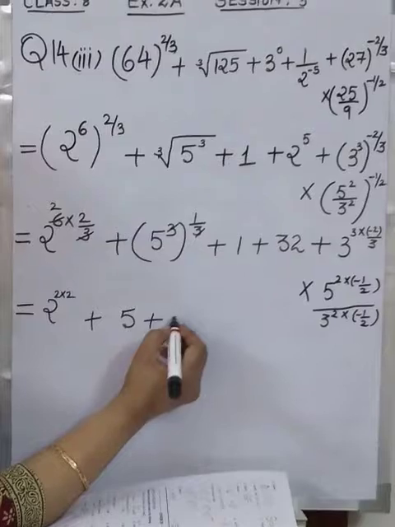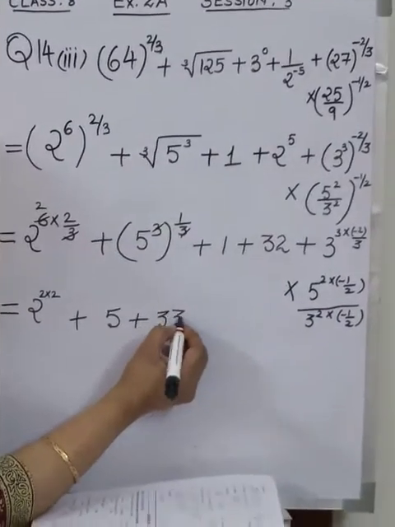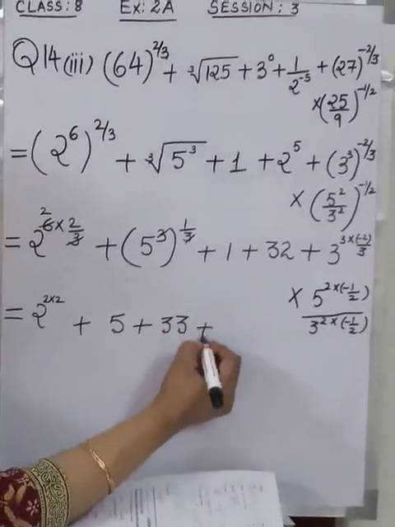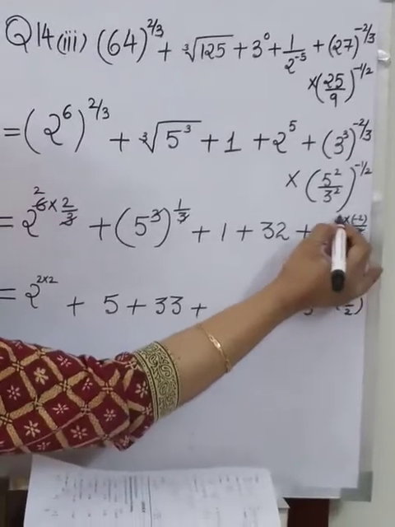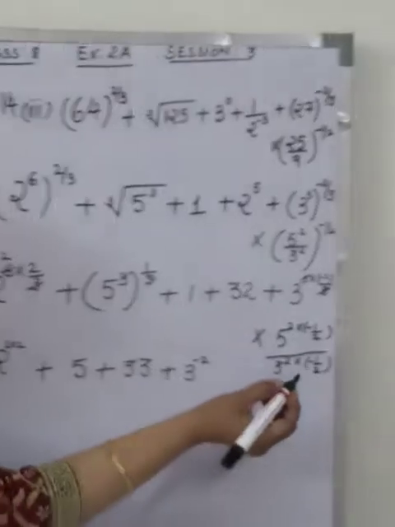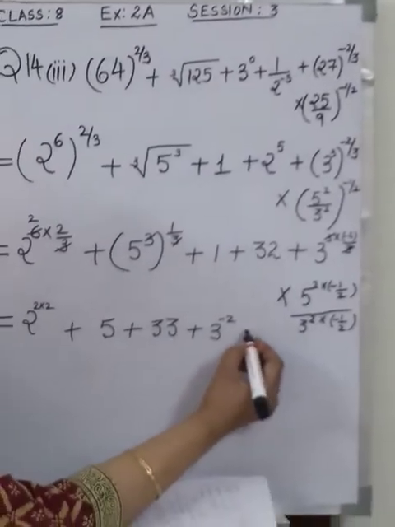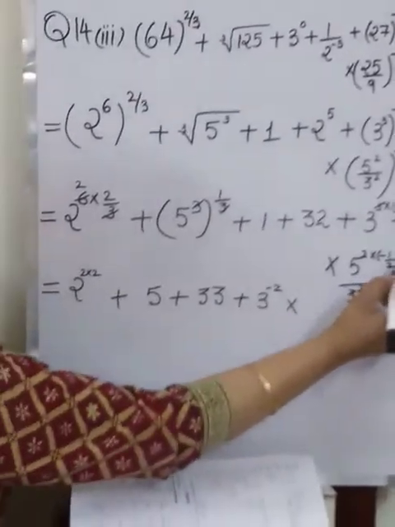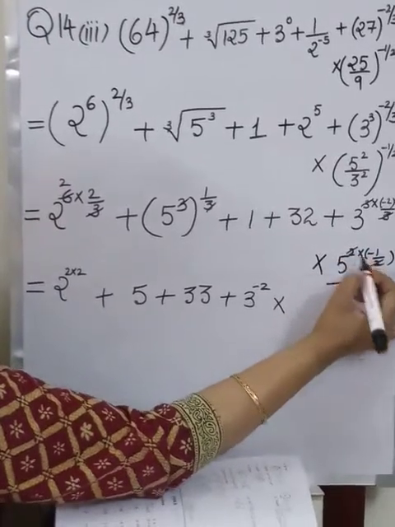32 plus 1 will become 33. Here 3 will become 3 and 3 gets cancelled. 3 to the power minus 2 into 5 to the power 2 gets cancelled.